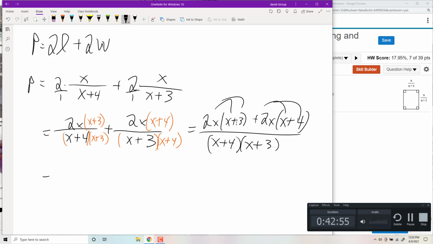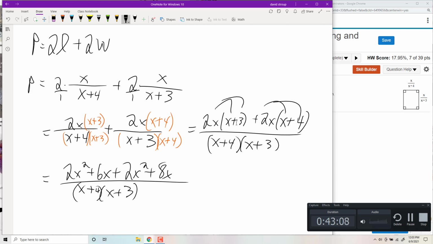Distribute. So I get 2x squared plus 6x plus 4x squared plus 8x all over x plus 4 times x plus 3. Combine like terms, so 4x squared plus 14x all over the common denominator.